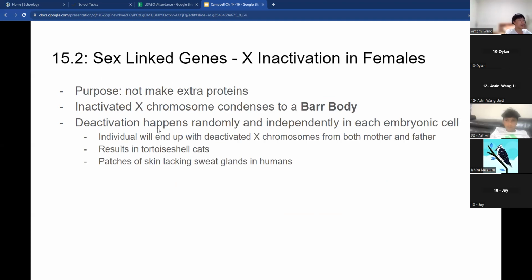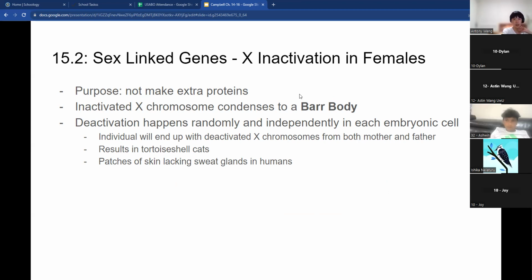X inactivation. Females have 2 X chromosomes, right? But you only want production of proteins from 1 X chromosome. If you have an extra X chromosome being transcribed, that just means the genes are being turned into proteins. That's, as we'll see later, bad for the female.